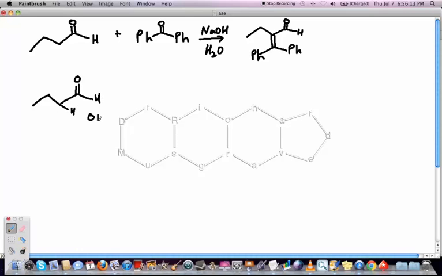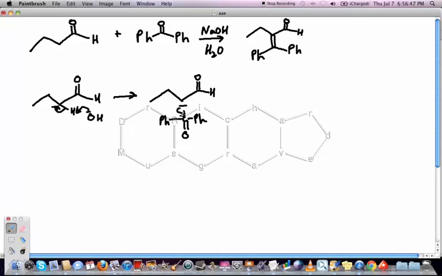In the first step, the OH minus will remove the H from the one that has the alpha hydrogen, and that will give us this anion. And you can see that we've got benzene rings here, so there's no alpha hydrogen on this one.